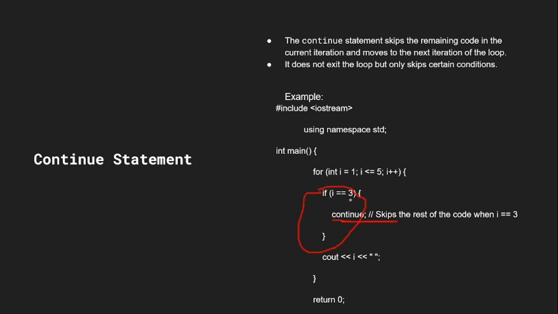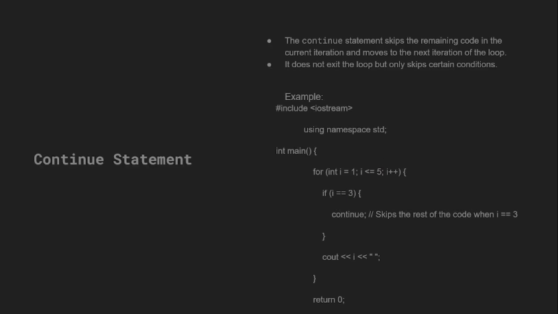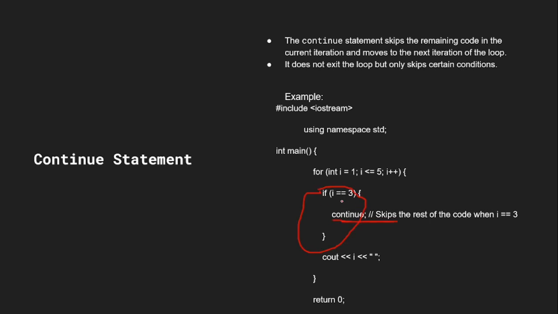The output will be 1 2 4 5. The 3 will be skipped because when i is equal to 3, the continue keyword skips this iteration and moves to the next iteration.